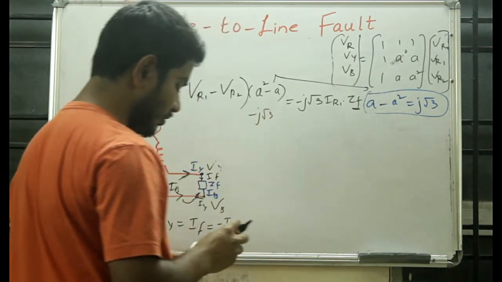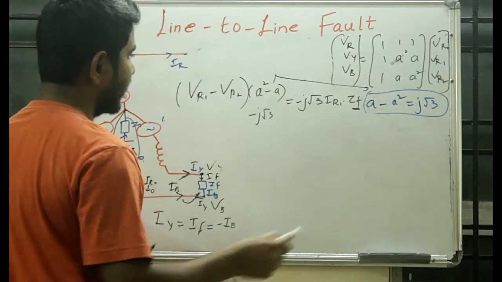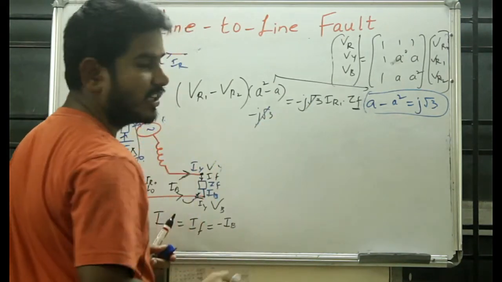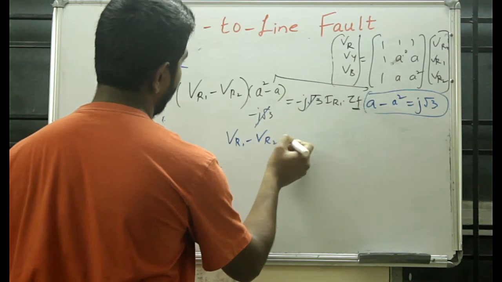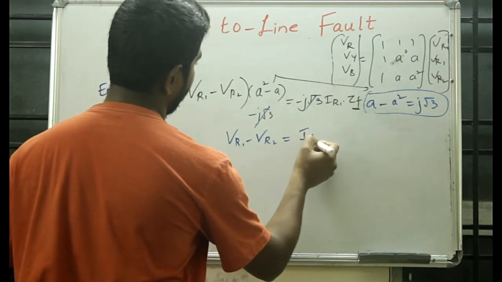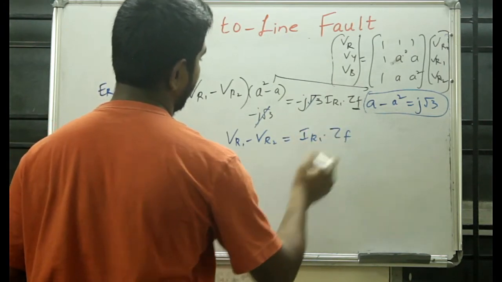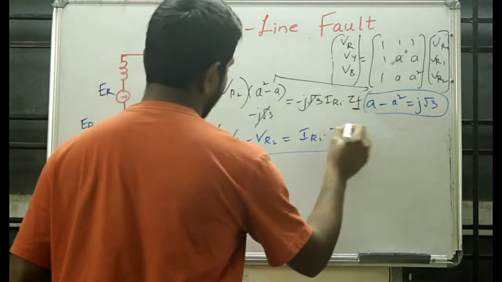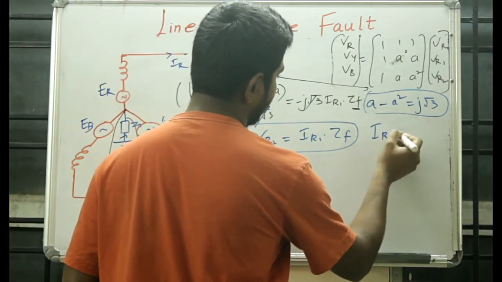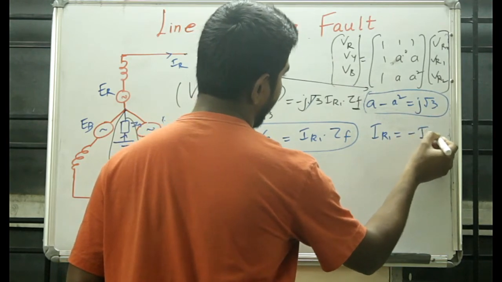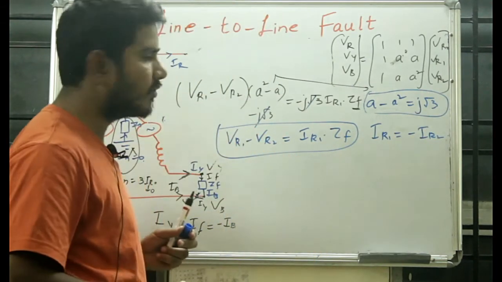Now this minus j root 3 will get cancelled. That means we have V R1 minus V R2 equal to I R1 into ZF. And earlier we had a relation that I R1 will be equal to minus of I R2.